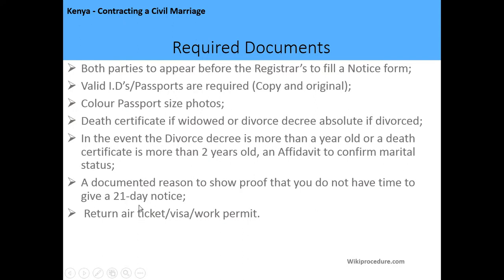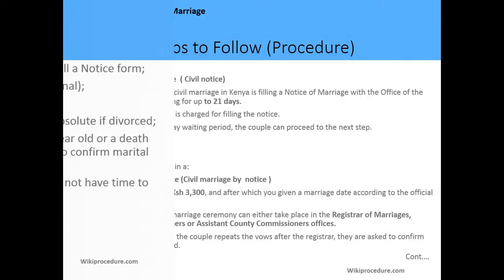We're going to see how this works later on. And a return air ticket or work permit or visa in case it's a foreigner who is getting married. So we are going to look at all these instances as we move on.